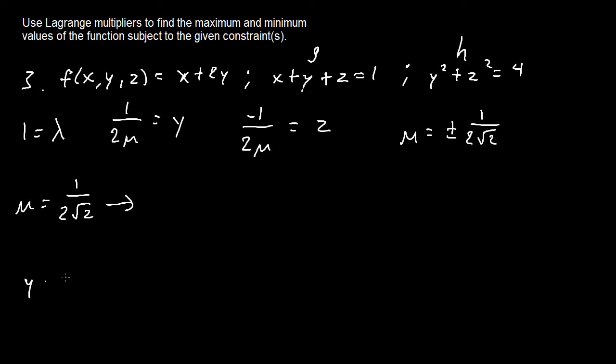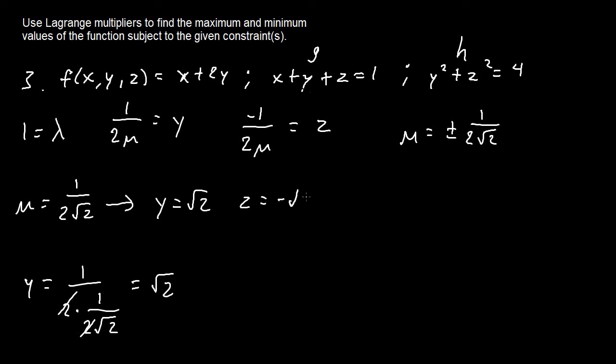So y is going to equal 1 over 2 times mu, which is 1 over 2 times 1 over 2 times the square root of 2. The 2's will cancel, so 1 over 1 over the square root of 2 is simply the square root of 2. So y is going to equal the square root of 2. Now the same thing with z here. Since z is just y with a negative 1, then we'll have negative square root of 2 as our z value.